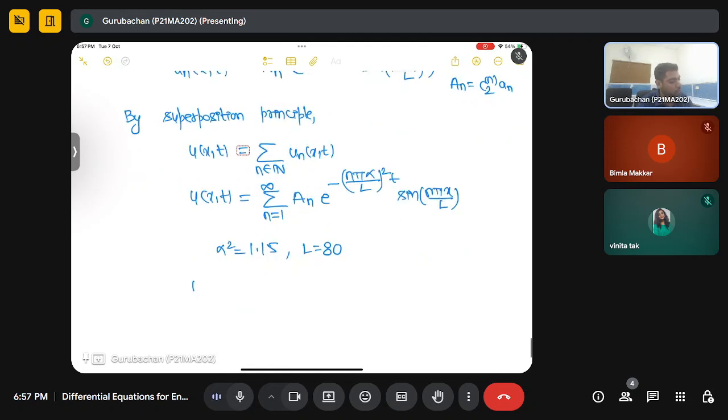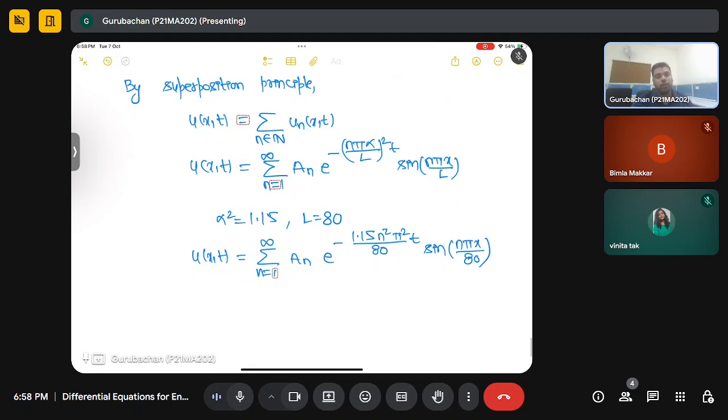So this gives u of x, t as summation n equals 1 to infinity An e to the power minus 1.15 n square pi square divided by 80 square, times t, sin n pi x by 80.